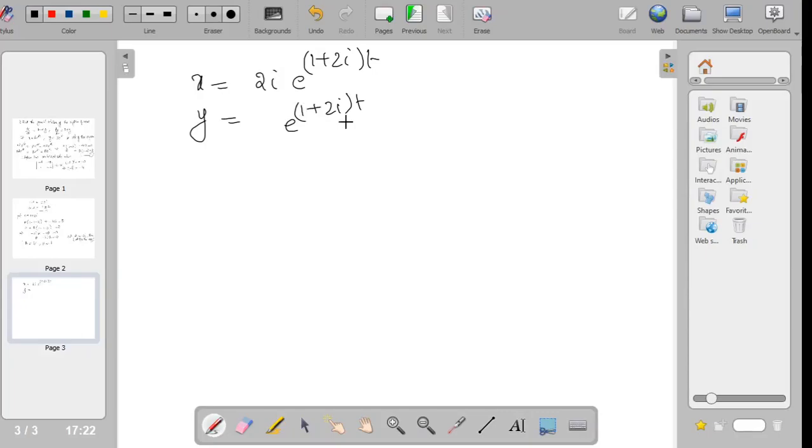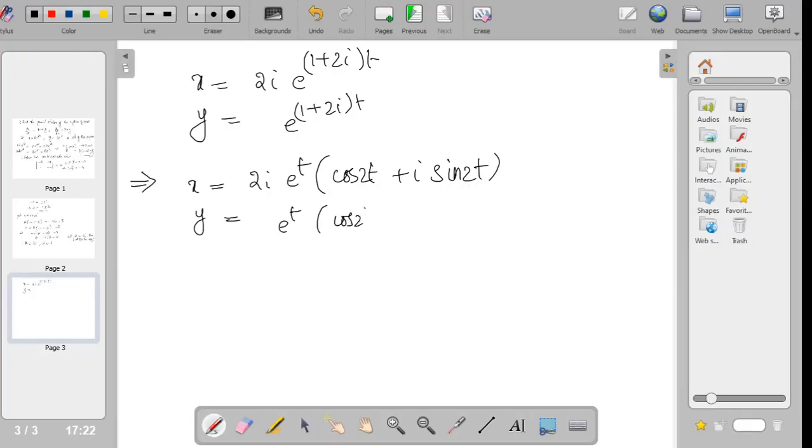Now what we do is split this into real and imaginary parts. But if this is a solution, then the real part will also satisfy the equation and the imaginary part also will satisfy the equation. So that will give us the two required linearly independent solutions. So that is 2i e^t. Now expand using Euler's formula. So e^(2it) will be equal to cos 2t + i sin 2t.